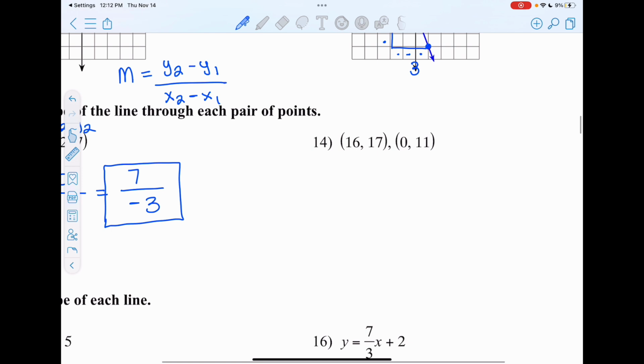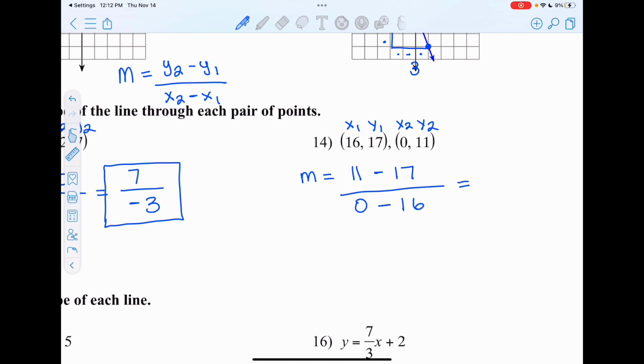Let's try 14. Once again, I label x1, y1, x2, y2. And I plug in my values. y2 is 11, minus y1 is 17. x2 is 0, minus x1 is 16. 11 minus 17 is negative 6, and 0 minus 16 is negative 16.